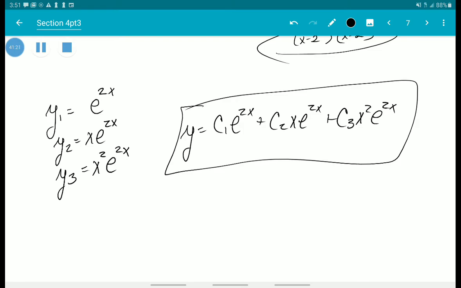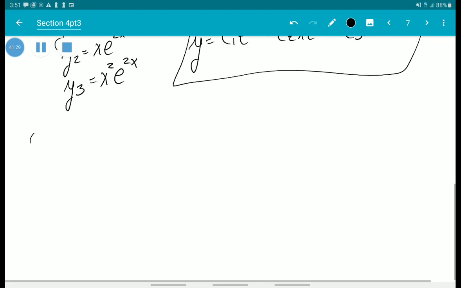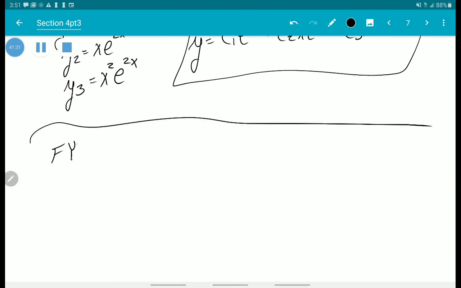Now, that same process would happen if we had not a triple root, but a quadruple root. This is kind of like an FYI. Suppose we had an auxiliary equation that would factor into m minus 6 to the 4th.